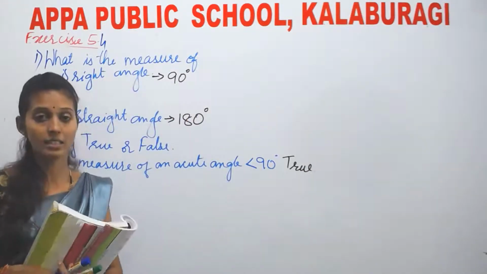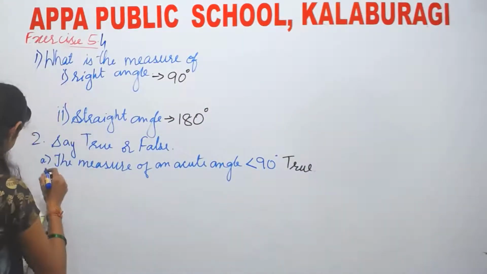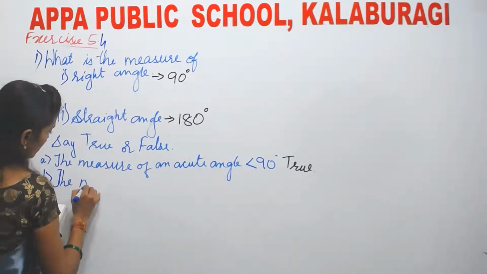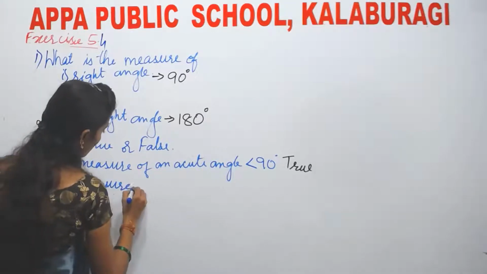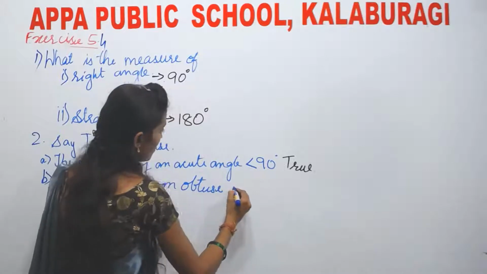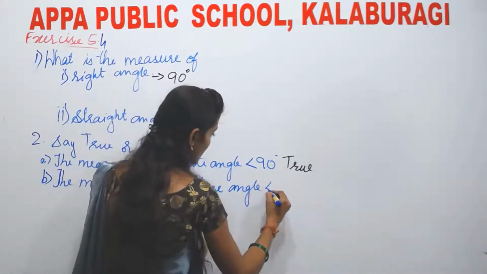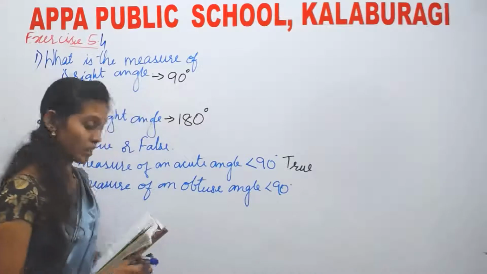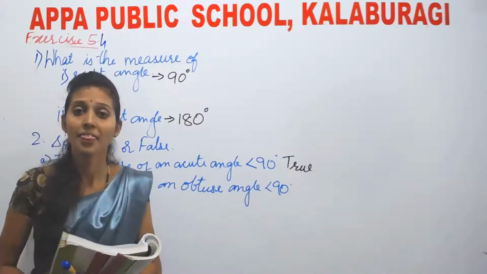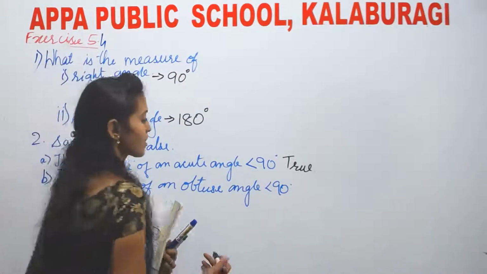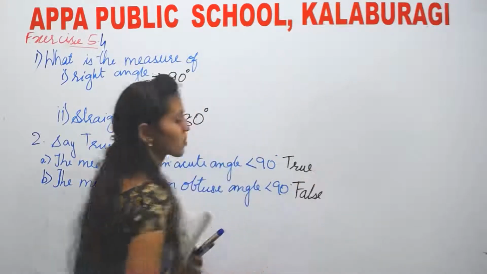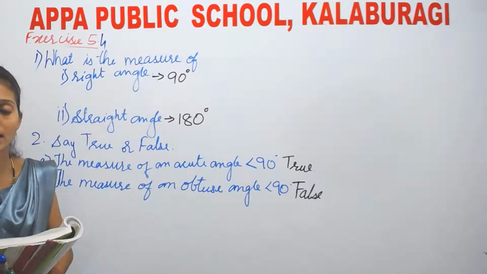Next one. The measure of an obtuse angle is less than 90 degree. Just now, acute angle we said less than 90 degree. Then obtuse angle is more than 90 degrees. So therefore, that is false.